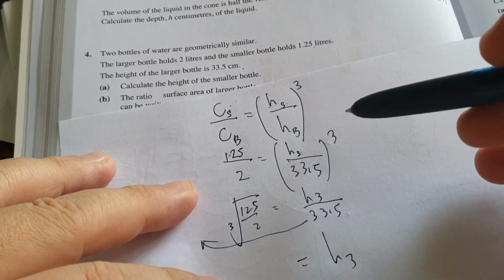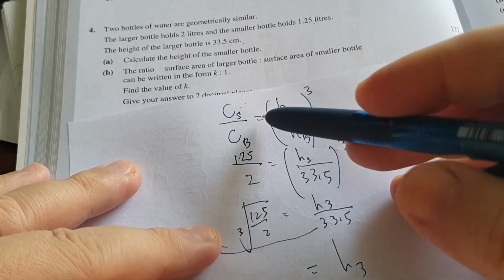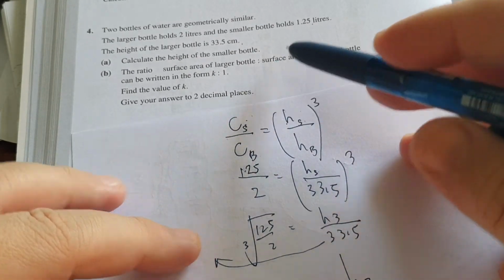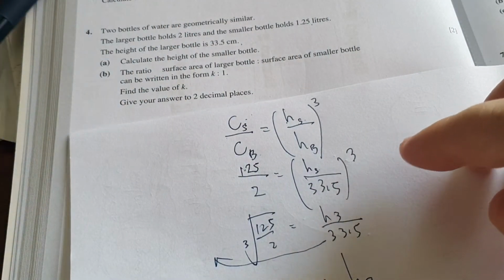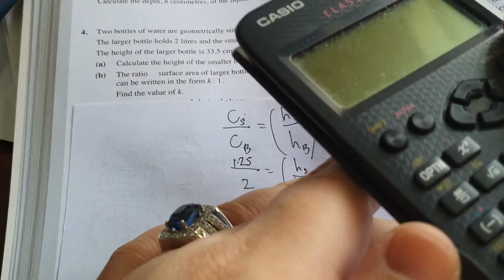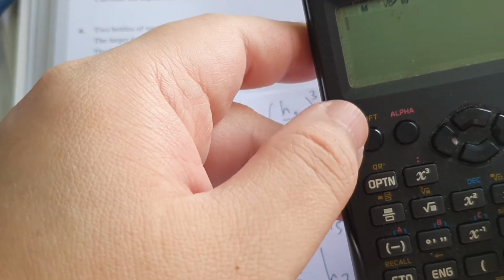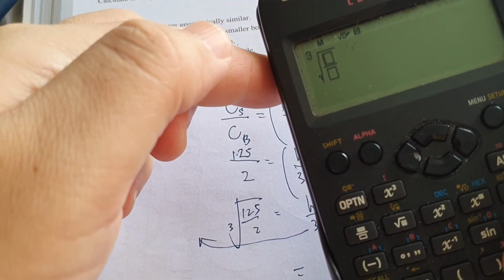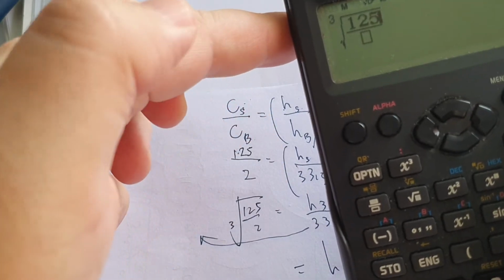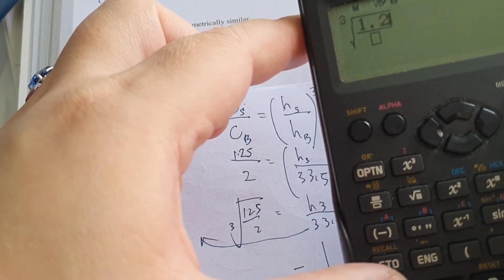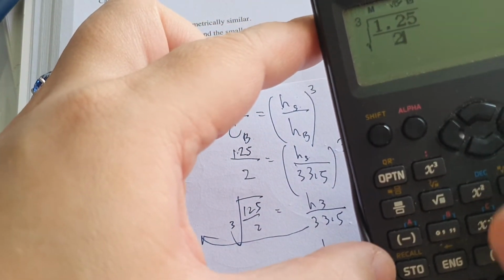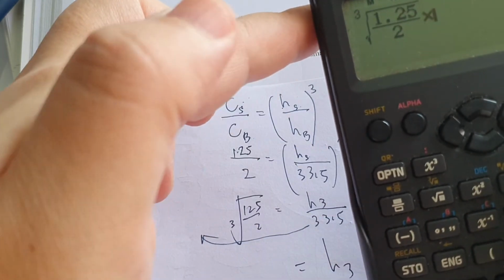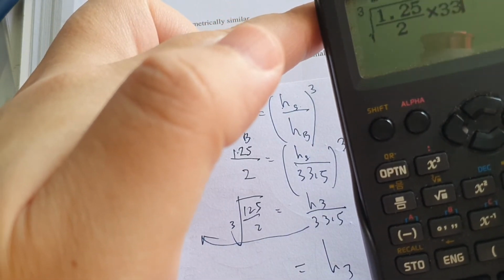Got it. Okay, now, let me work this out first. You go and press cube root, then 1.25 over 2, then the whole thing, you go in times 33.5.